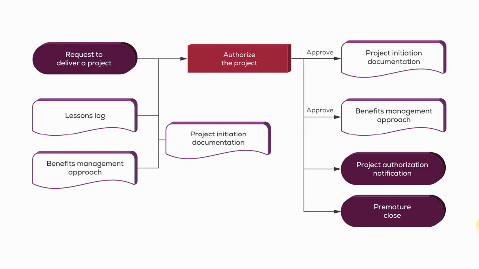They also approve the benefits management approach, grant authorization to the project manager to go ahead and deliver the project, which will be done in consultation with a review of the stage plan and product descriptions and so on for the first stage provided by management stage boundary, because this activity will also cause the activity number 3 to take place. You'll recall that little dotted line we discussed in our overview.